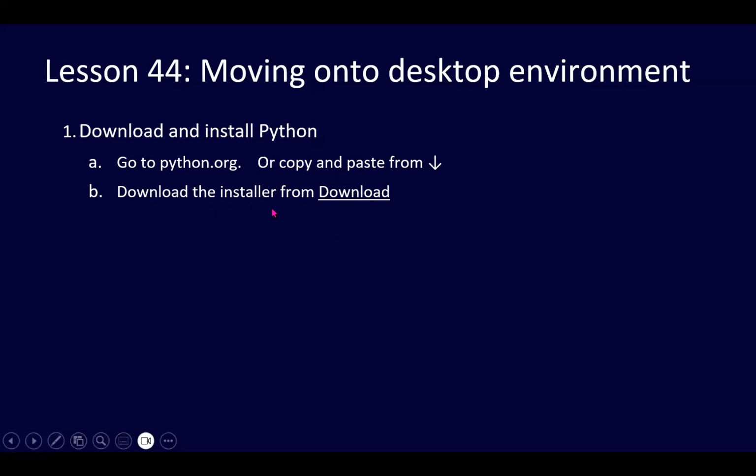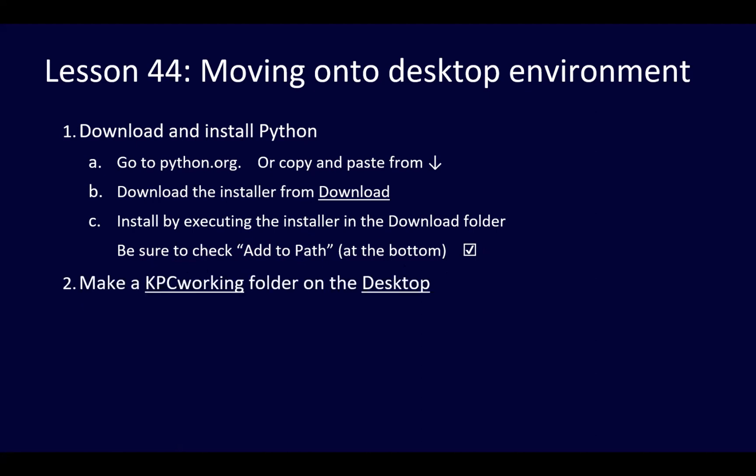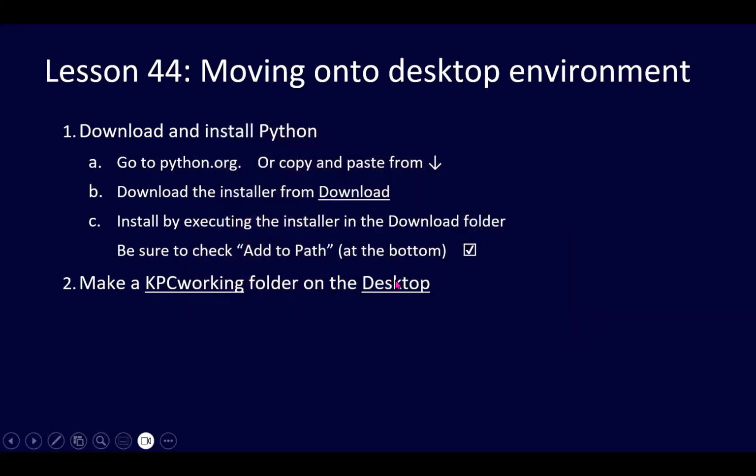And then download the installer from the download tab, and install by executing the installer in the download folder. Be sure to check add to path at the bottom because that's easier to do. Okay, and then run the installer so that you can go ahead and install it. When you are done, maybe I will stop it because I don't need to upgrade it.